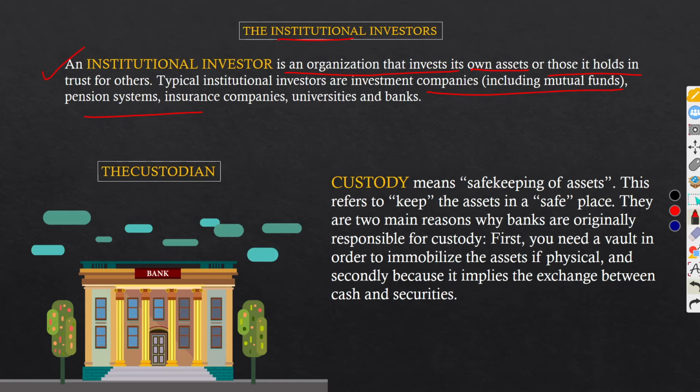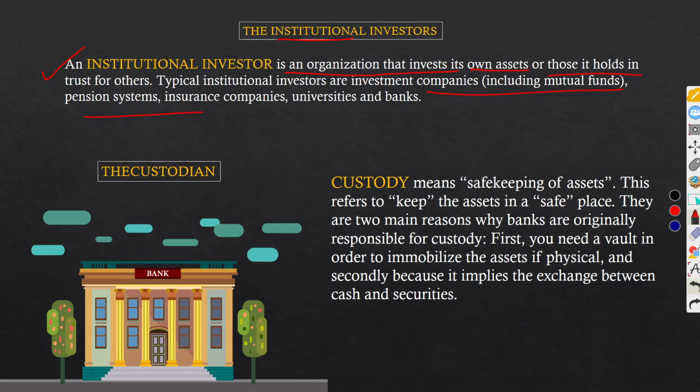The most important aspect here is that institutional investors have their separate route to buy and sell the securities. They cannot buy and sell the securities directly from the market.